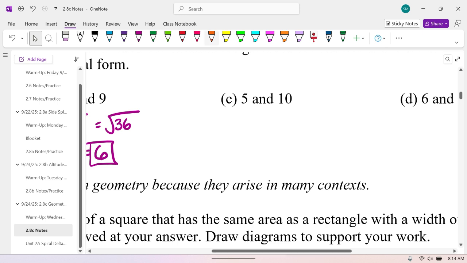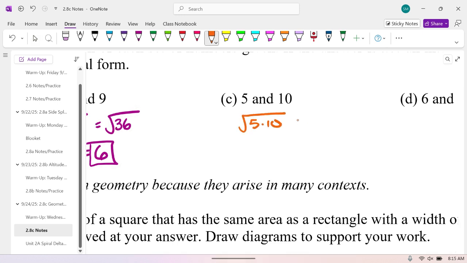What about the square root of 5 times 10? What's 5 times 10? 50. We take the square root. Now, there's no nice square root of 50, so we'll learn about simplifying radicals later, but we're just going to leave it as the square root of 50 for right now.